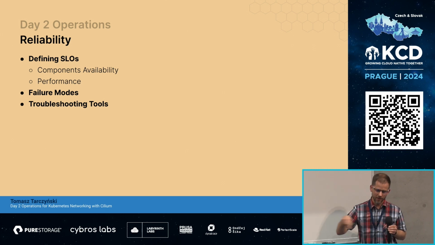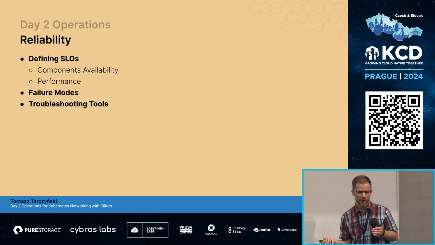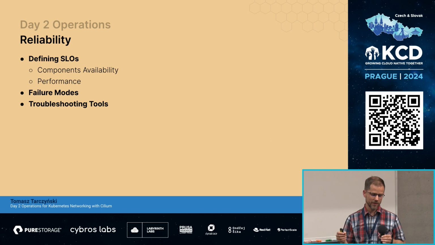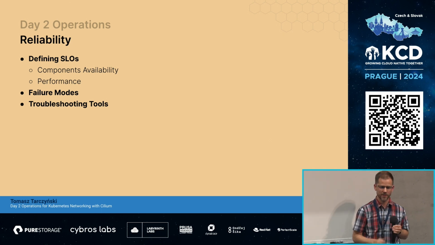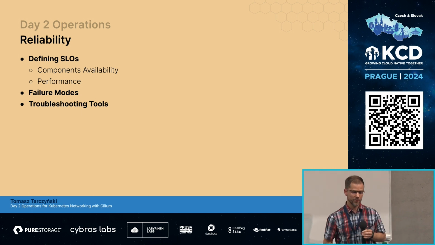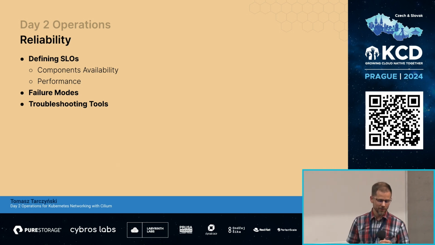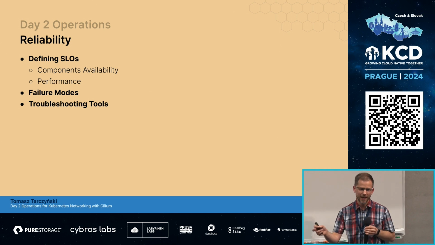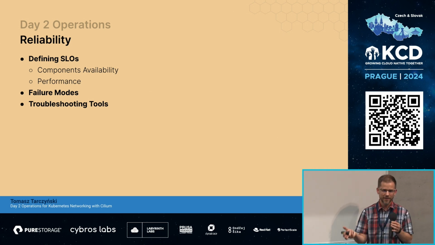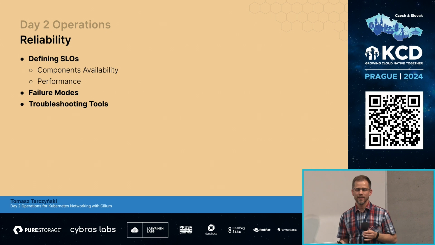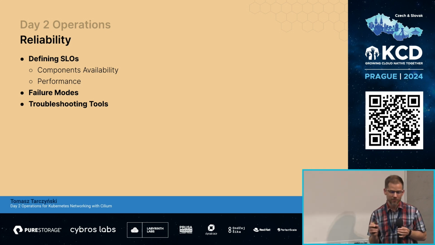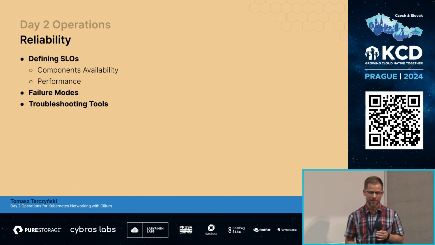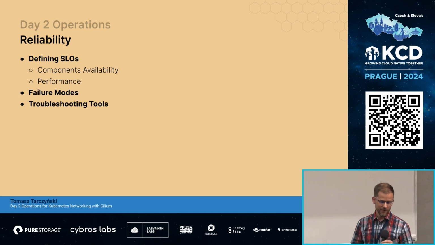How it affects all of your networking components and what functionality will be broken there, what would still work. And then troubleshooting tools. With traditional networking, you had your TCP dump, you had your observability there, and things were quite straightforward, or way more straightforward. And now it's way more difficult.